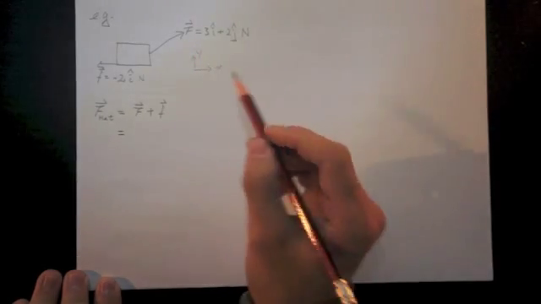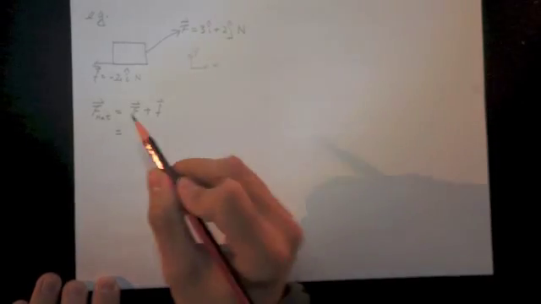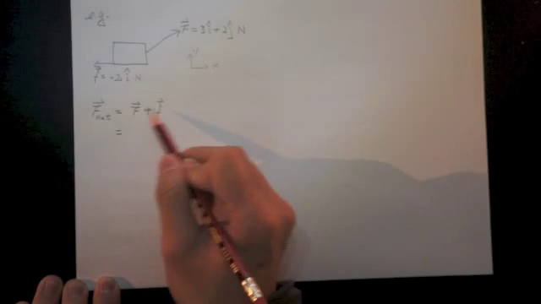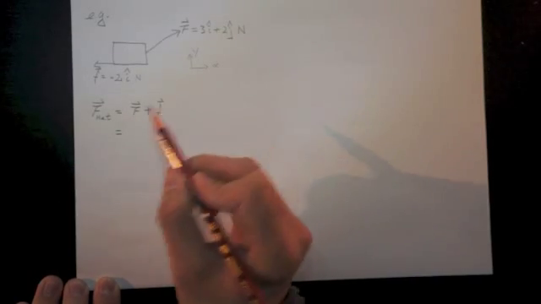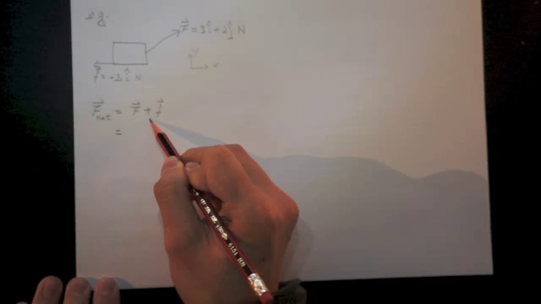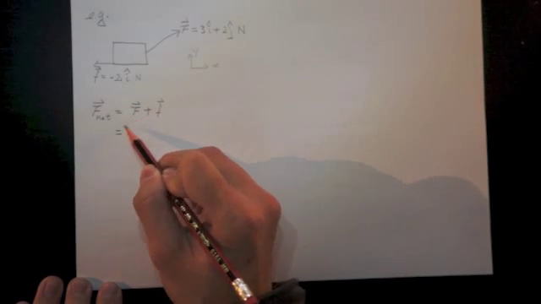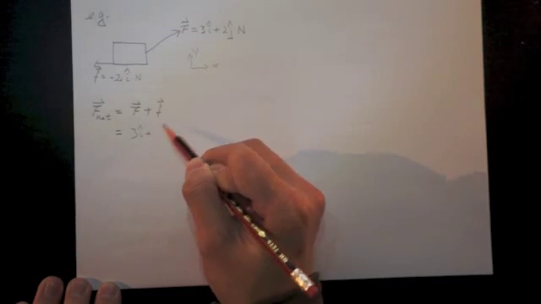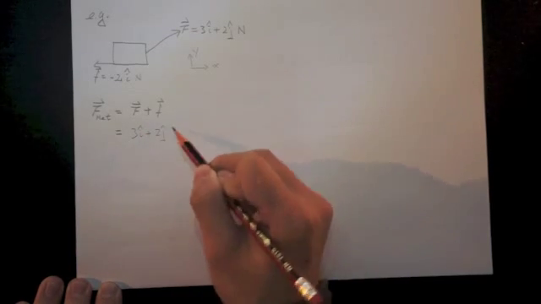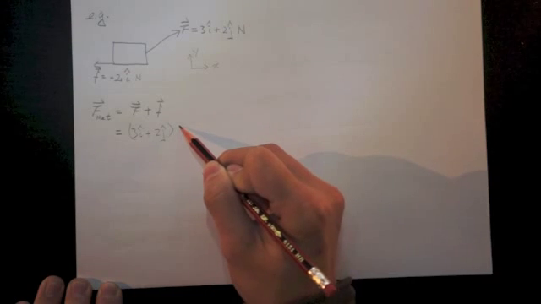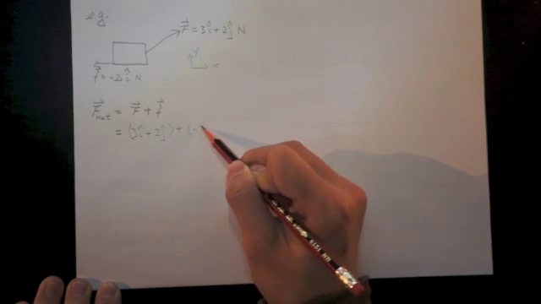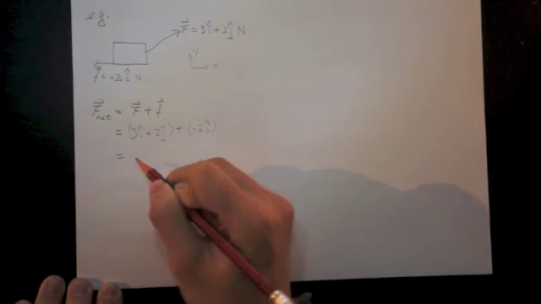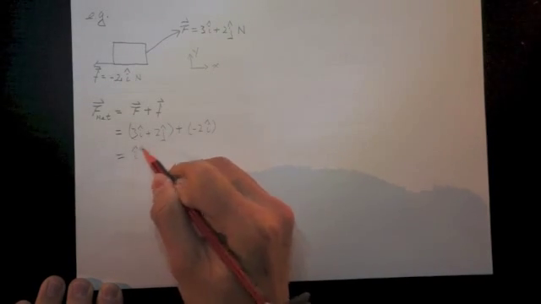The coordinate system is like this. So, if we want to find the net force, we can have F plus f. So, we have 3i plus 2j, and we have minus 2i. Therefore, our resultant force can be like this.